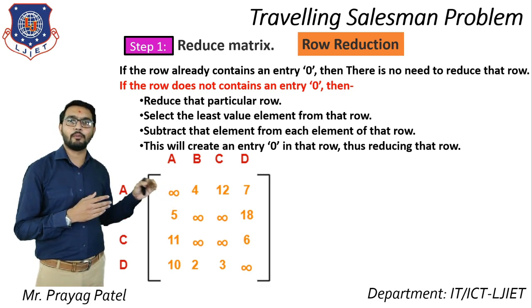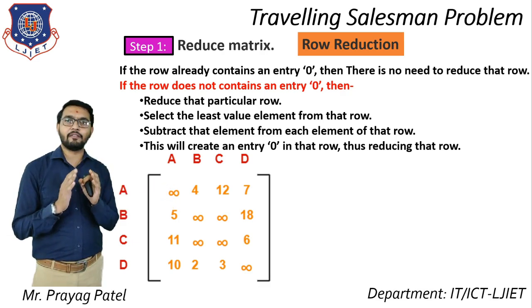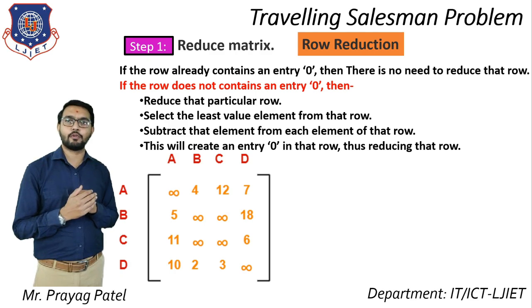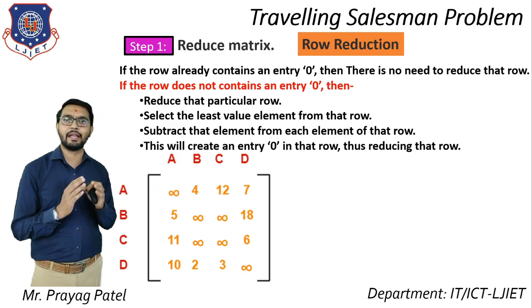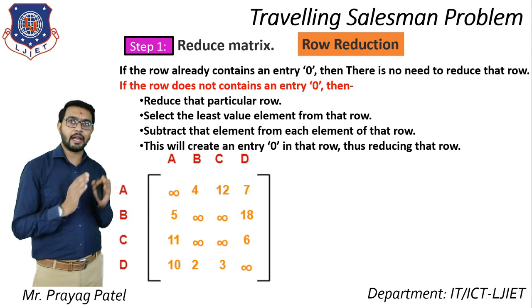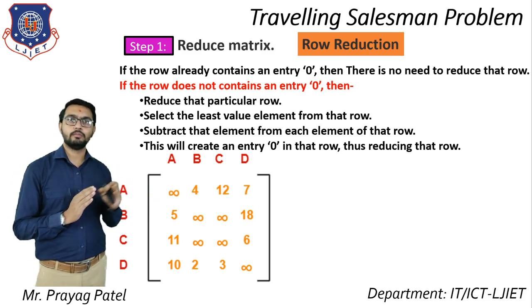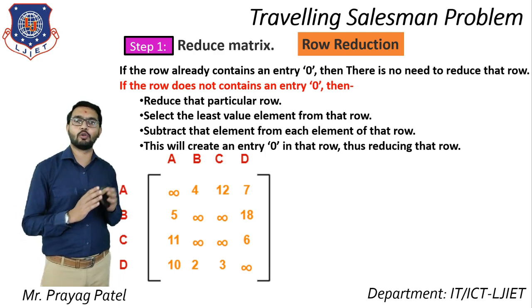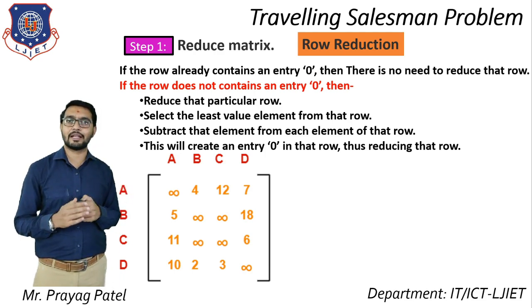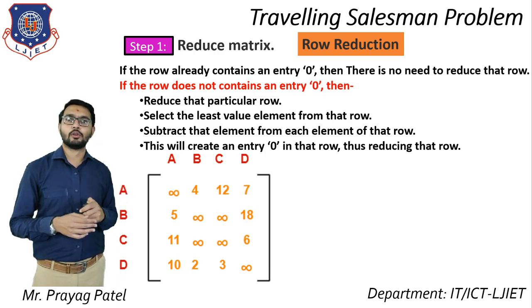Here, from the first row we subtract the value 4, because the minimum value is 4. So 4 minus 4, then 12 minus 4, then 7 minus 4, like this. This will create an entry 0 in that row. Here 4 minus 4 equals 0. So in each and every row we get one value as 0. This is the row reduction.